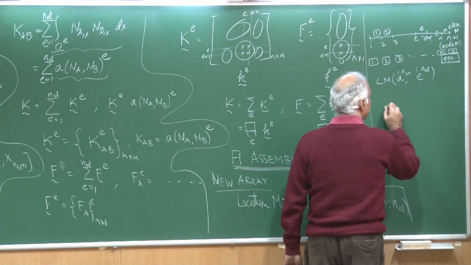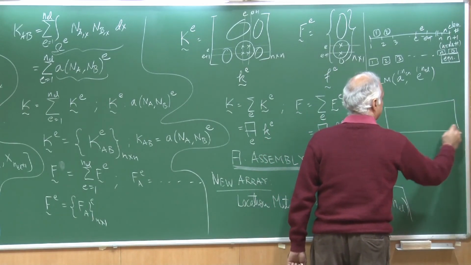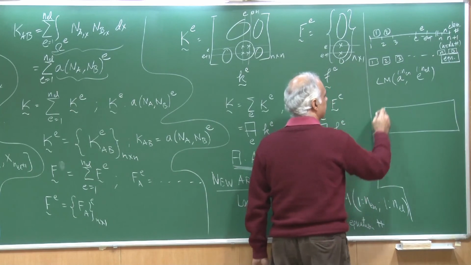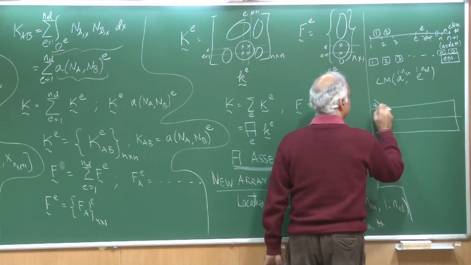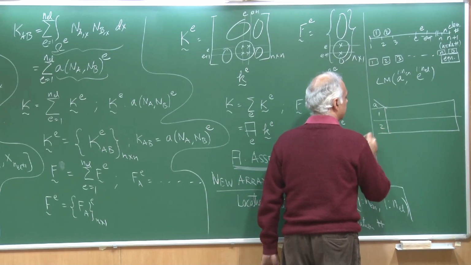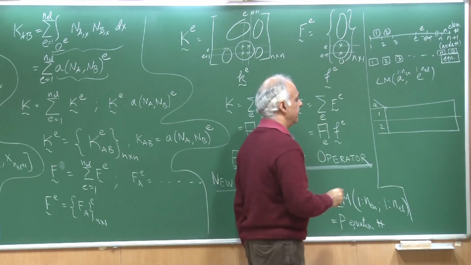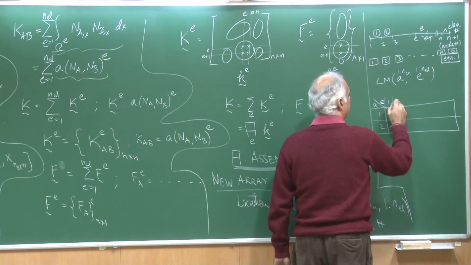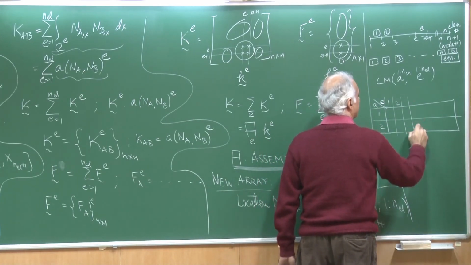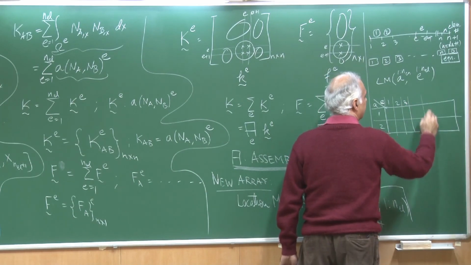Let me write down the LM array, at least some members of it. So, this is A, and this can take a value 1 or 2. On the other side, I have E, which takes the value 1, 2, 3. I will skip some in between.